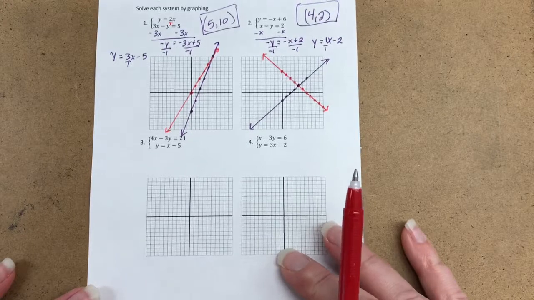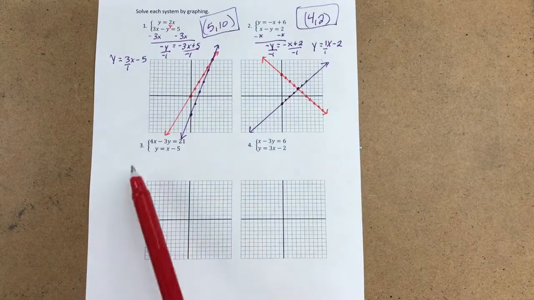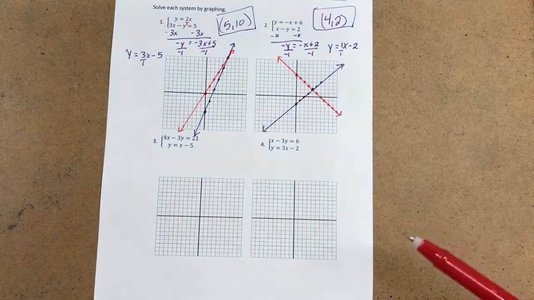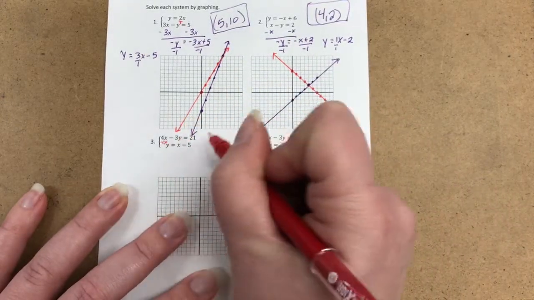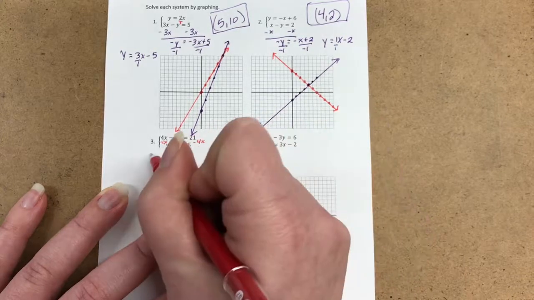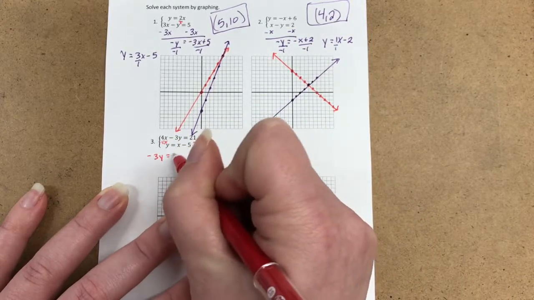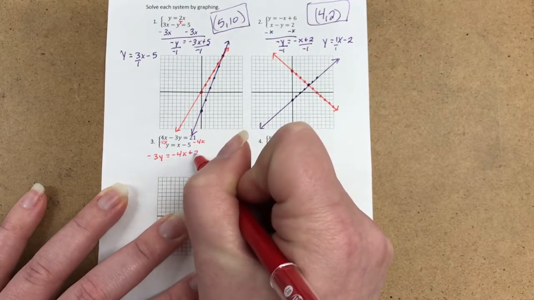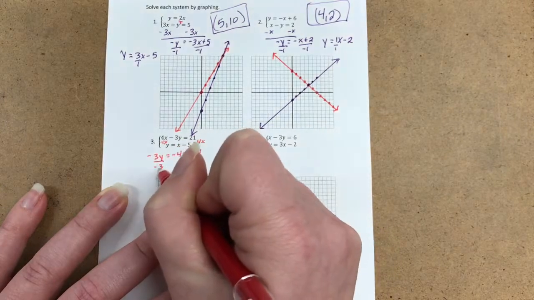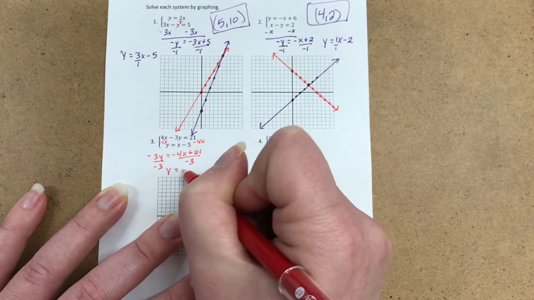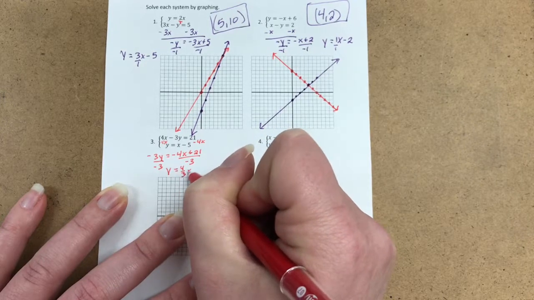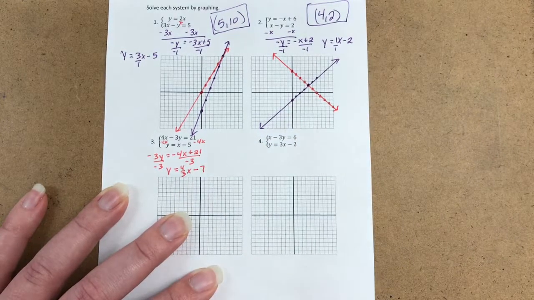For 3, this first equation isn't solved for y, so I'm going to have to do that first before I can graph it. I'll subtract 4x from both sides, so I get negative 3y equals negative 4x plus 21. Then I'll divide both sides by negative 3, so I get y equals 4/3 x minus 7.